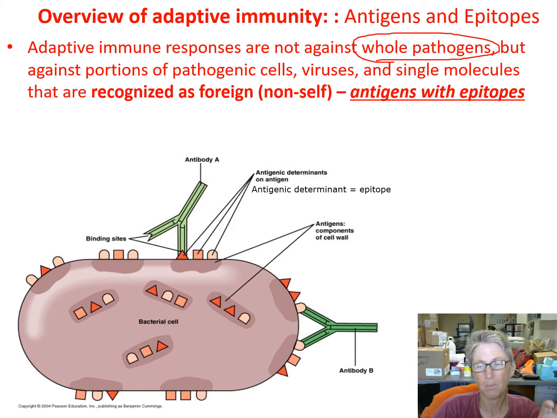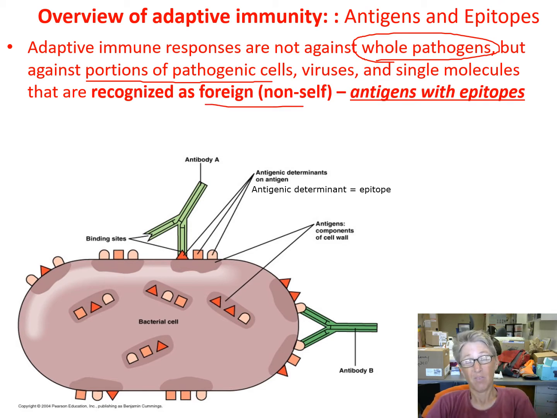The B cells and T cells of the third line of defense work against a portion of the pathogenic cell. That's the antigen and the epitope. The B and T cells also want to recognize these antigens and epitopes as foreign, aka non-self. Because if they start recognizing your self antigens as non-self antigens, then they mount an autoimmune response.